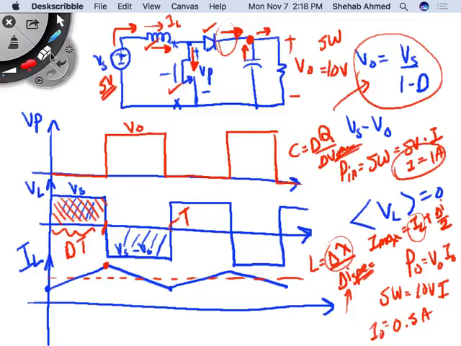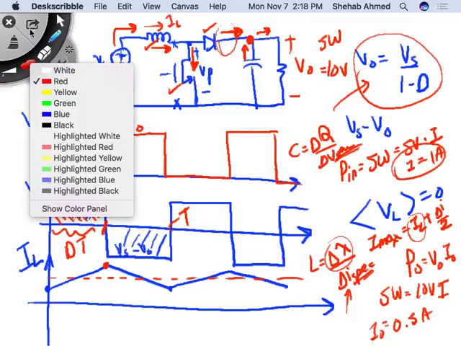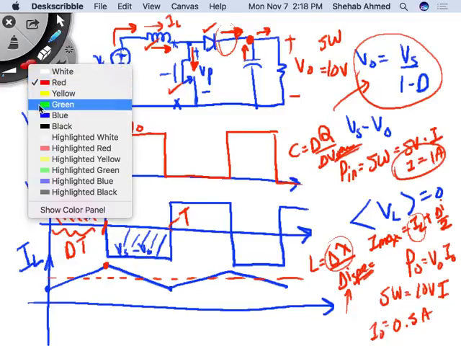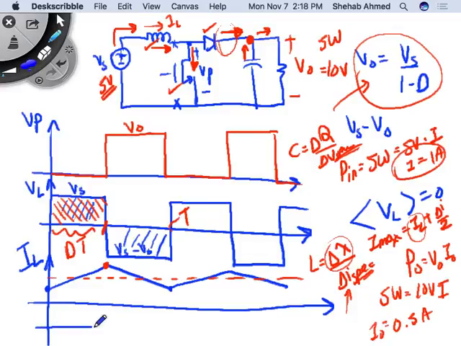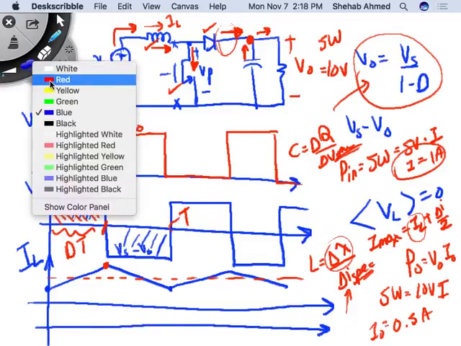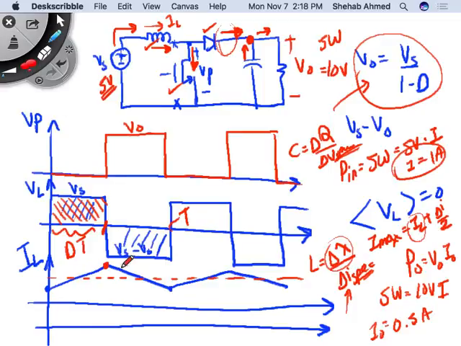So let's draw the diode current part. The diode current only will be which part? The second part. So it's 0 when the switch is on, and then this is my diode current.